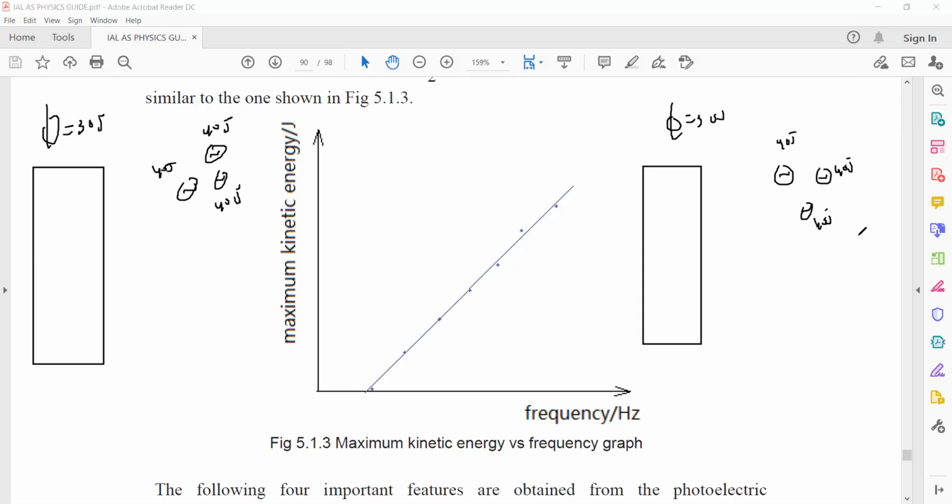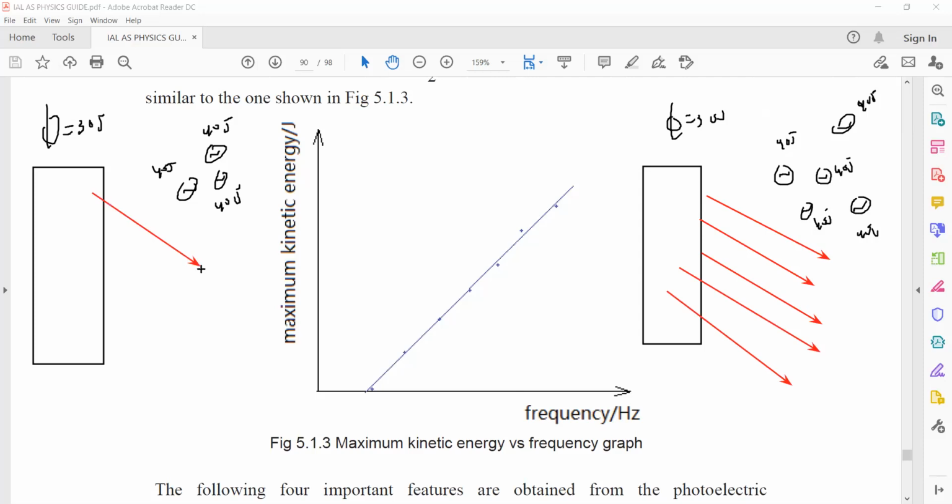If I increase the intensity, it means more photons are there. If the number of photons is greater, like if 5 photons are there, how many electrons will come out after absorbing? 5 electrons will come out. But here 3 photons are there, so 3 electrons will come out.